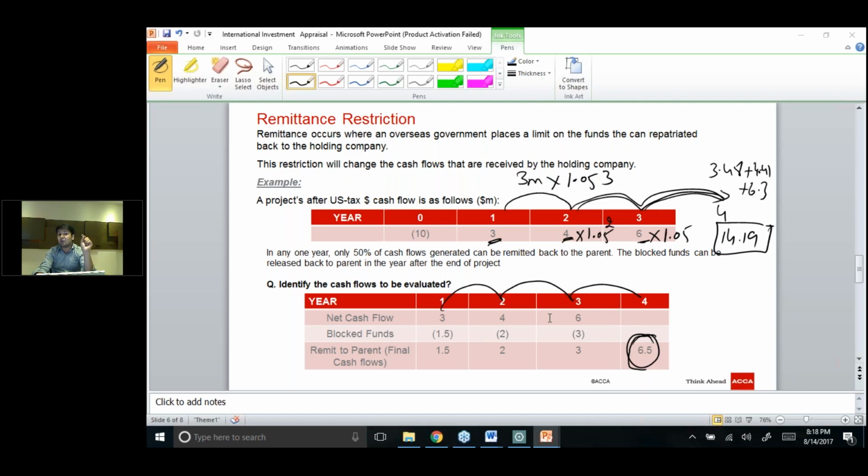At least the examiner will provide you the basic interest rate of that country, so don't worry about it. In the worst case, just explain that blocked funds should be reinvested at the interest rates of the subsidiary country, because funds are being blocked in the subsidiary country, so it should be reinvested at the subsidiary country interest rates or given rates.